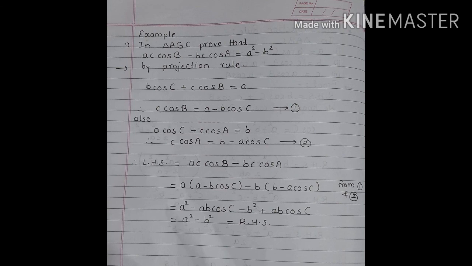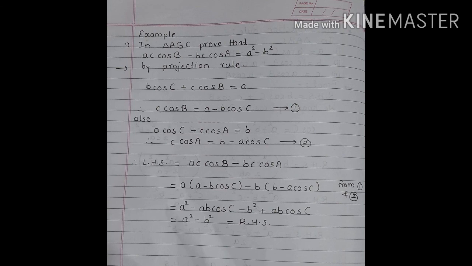So from the example, the left hand side is equal to ac cos B minus bc cos A. Here c cos B is equal to a minus b cos C from equation 1, and c cos A is equal to b minus a cos C from equation 2.